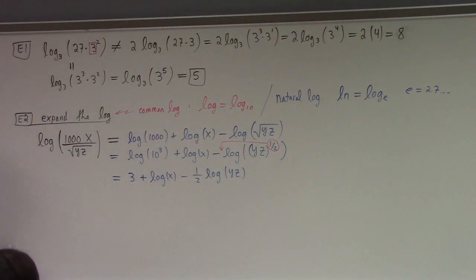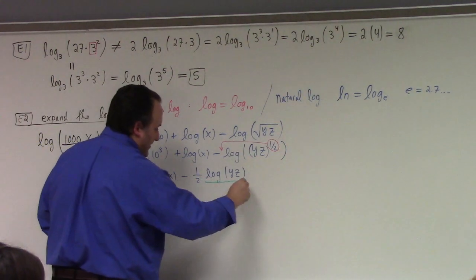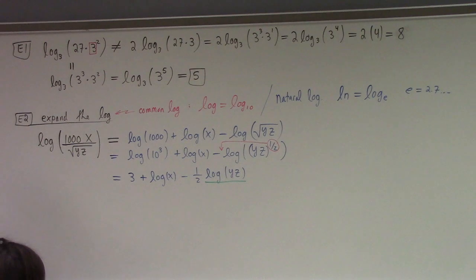All right? Now, we're not done. We're trying to expand it as much as is possible. That's our current task, expanding it. So what can I do with the log of yz? Log of the product is the sum of the logs. That's the property here.